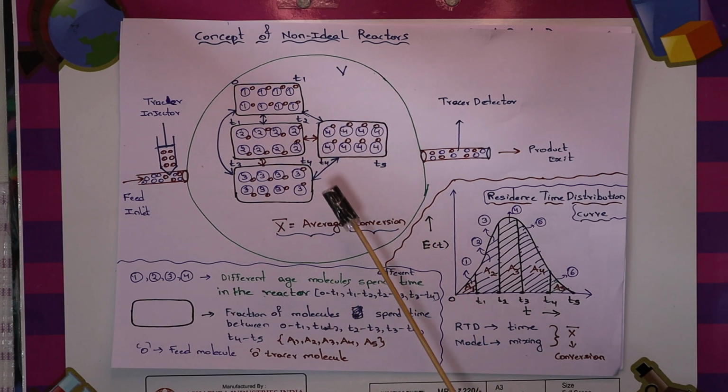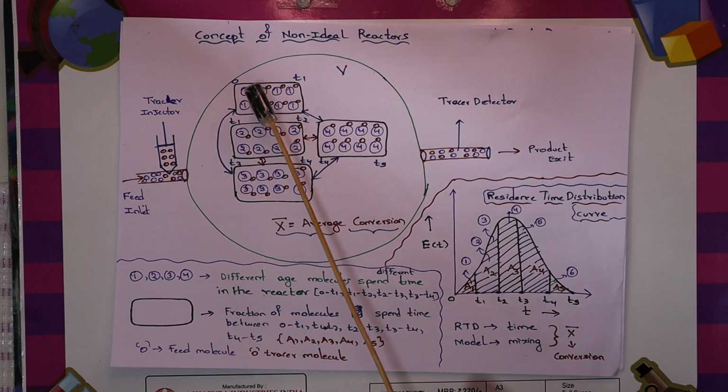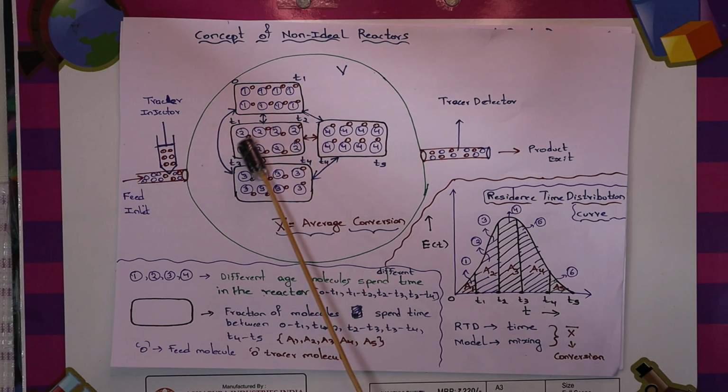What does this age represent? For example, this particular box is one fraction. This fraction of molecules, which spends time between 0 and T1, is given as 1. That means this fraction of molecules spends the time between 0 and T1. This set of molecules spends time between T1 and T2.